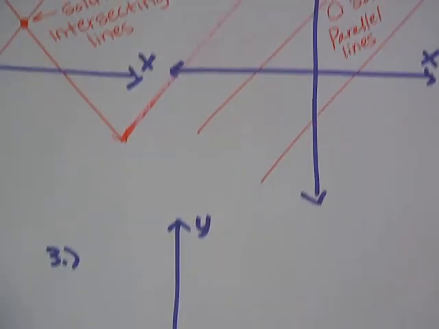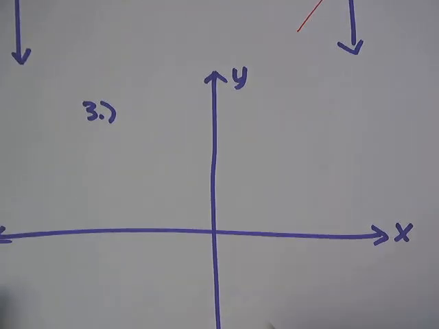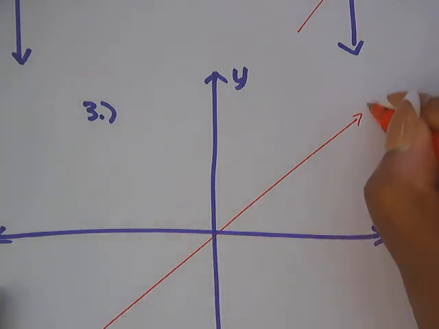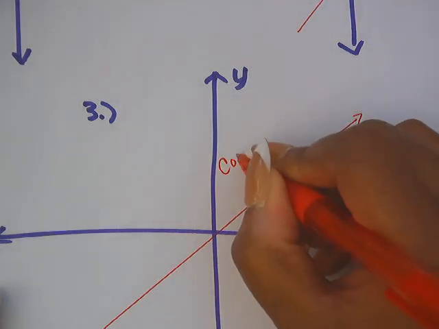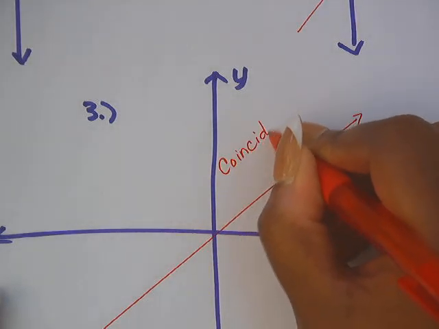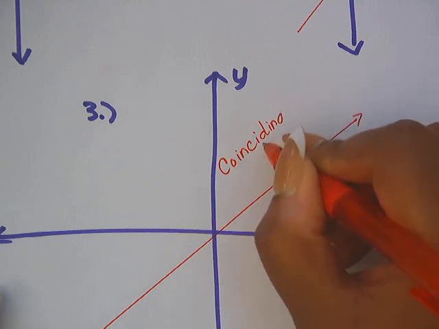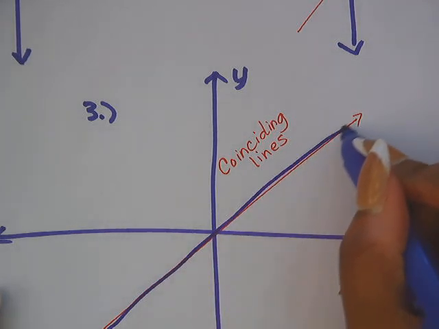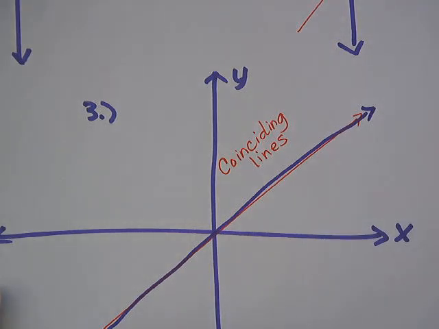The third type of solution is coinciding lines. On a test or on a digital platform, you'll probably see it as a thick line. But in this case, I'm going to just overlap to the best of my ability with this purple line to show you that it's two lines on top of each other.